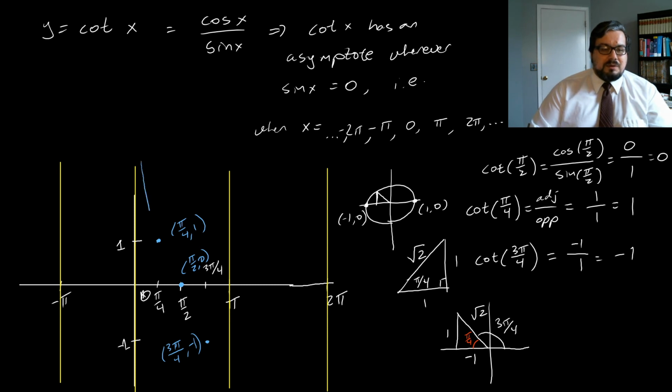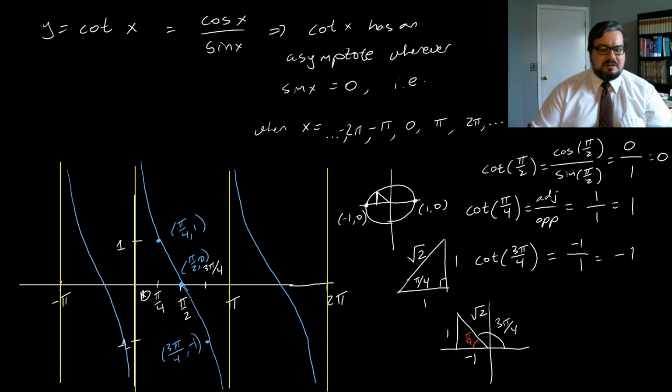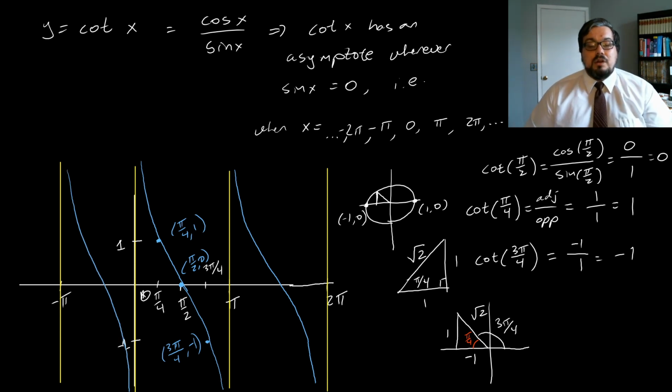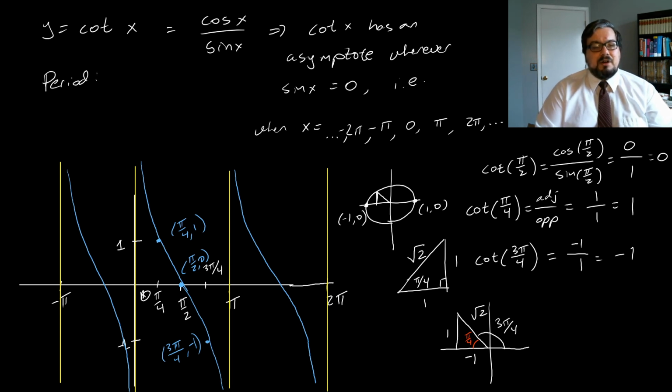From there, cotangent looks similar to tangent, except you'll notice that it's decreasing, and it's got its asymptotes in different places. So it has a lot of similarities with tangent, but some differences you need to be aware of. So what this means for us that we want to work out. First of all, we can see that the period of cotangent is pi, just like for tangent.